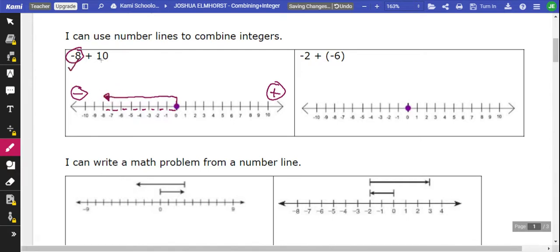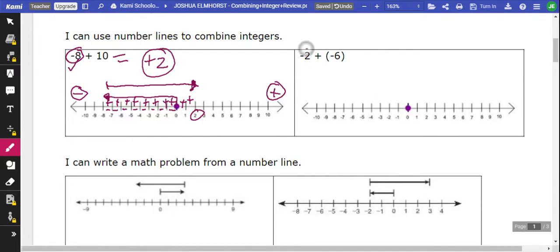Now we're going to go +10. 1, 2, 3, 4, 5, 6, 7, 8, 9, 10. So we're going to go to the right 10 units, +10. And then we end up at 2 or +2.